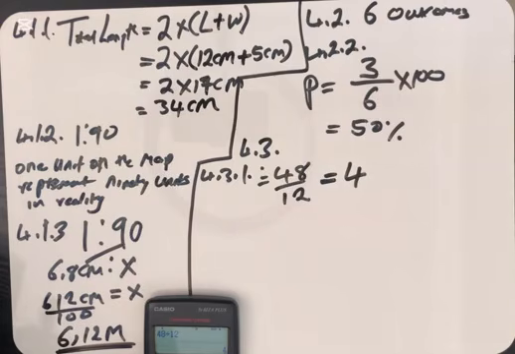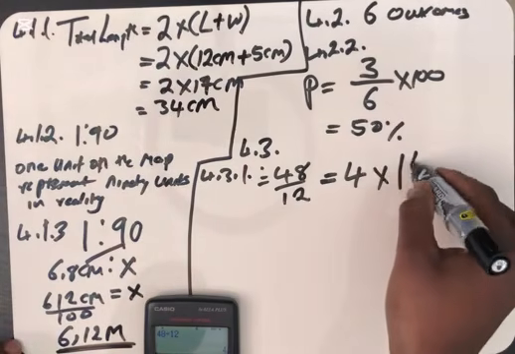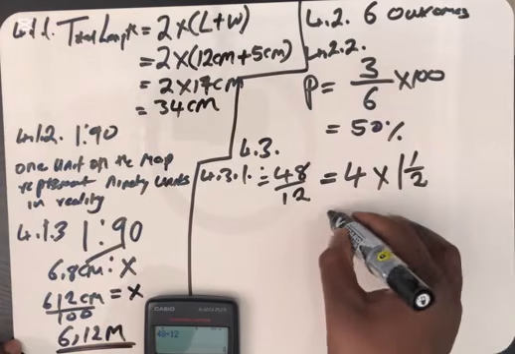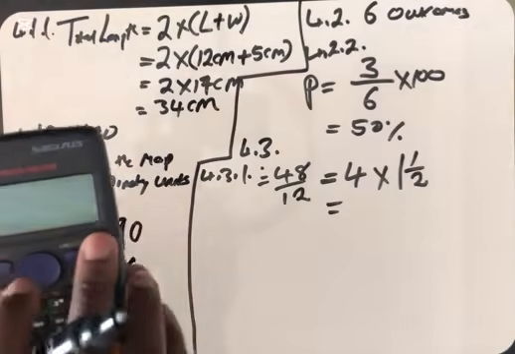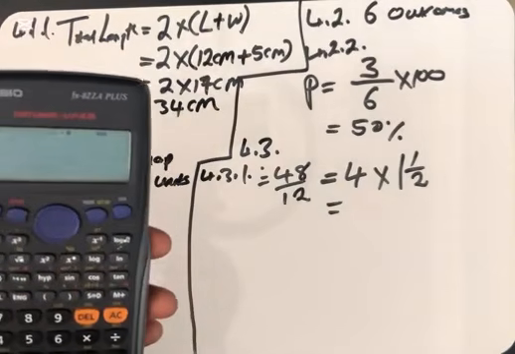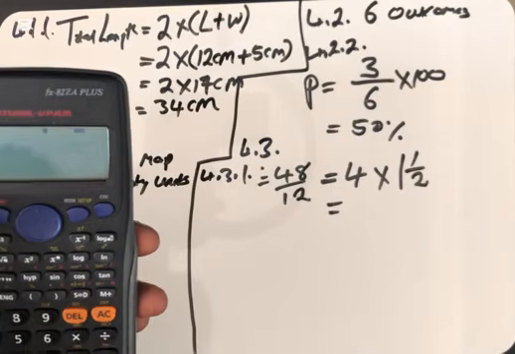And we know that each 12 requires 1.5. So we can just multiply this by 1 over 2. You'll be able to find the number of cups. So what you need to do, you take your calculator just like this. You're going to say 4 multiplied by shift.